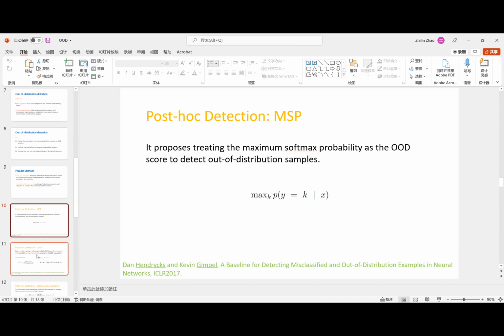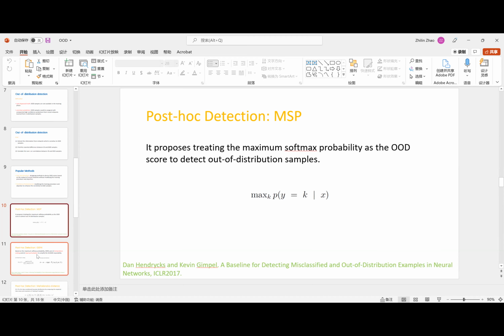For a pre-trained network learned from an in-distribution data set, this baseline method only uses the softmax probability as the out-of-distribution score to detect the out-of-distribution samples, which means that for a test sample, this algorithm uses this softmax probability as the out-of-distribution score, and then this method distinguishes the two kinds of samples according to the gap between the two kinds of samples.